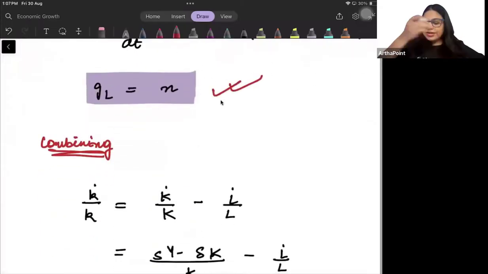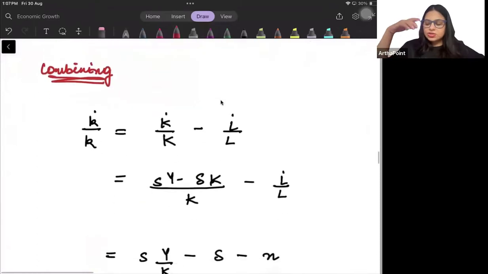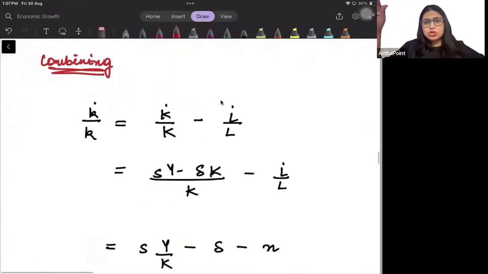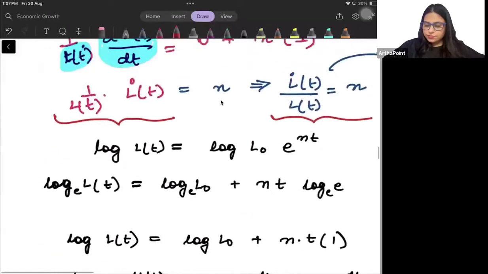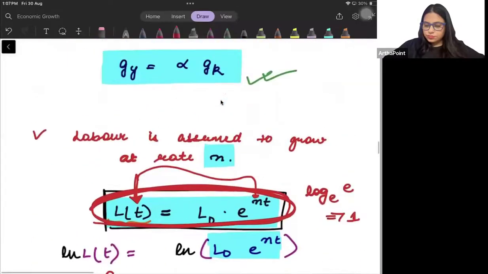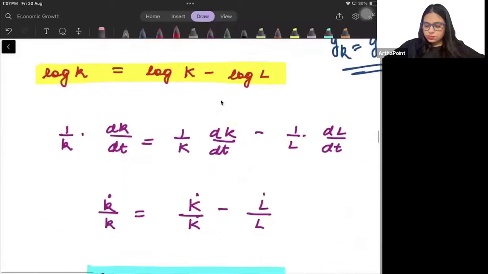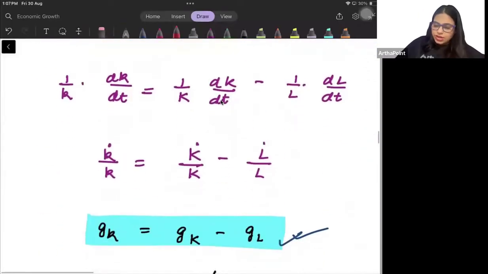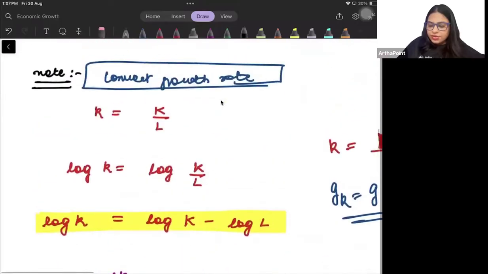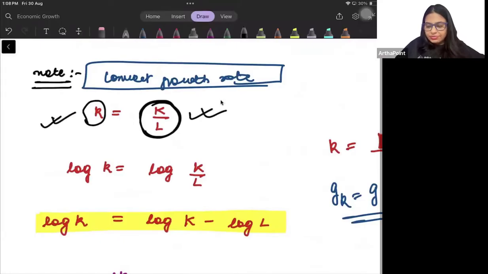Now let us try to combine certain things together. I am starting with this equation. Here we had written small k as capital K by L. You remember? Small k was capital K by L, the capital per unit of labor.